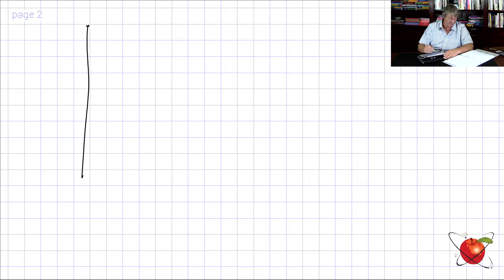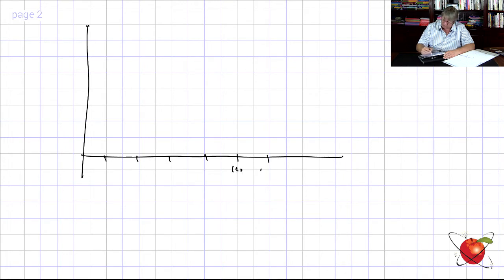All I'm drawing is between 0 and 180. So I've got 30, 45, 60, 90, 120, 135, 150, and 180.